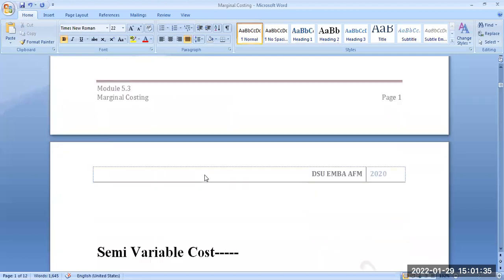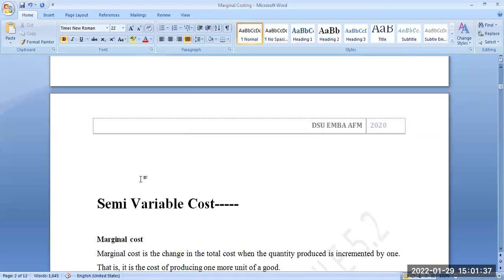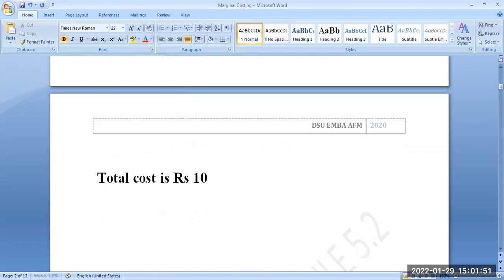Now tell me, for a manufacturer, suppose the total cost of manufacturing some article is 10 rupees. Out of this 10 rupees, 7 rupees is the fixed cost, and only 3 rupees is variable cost.